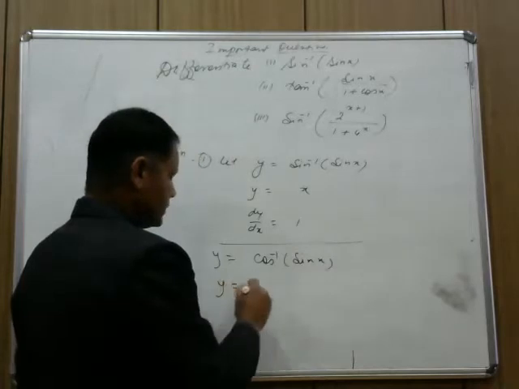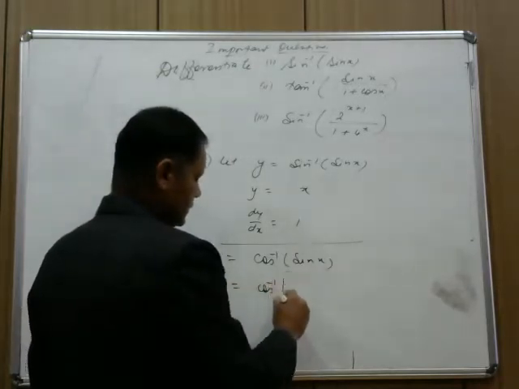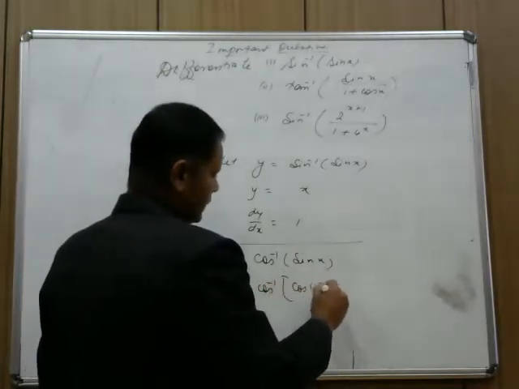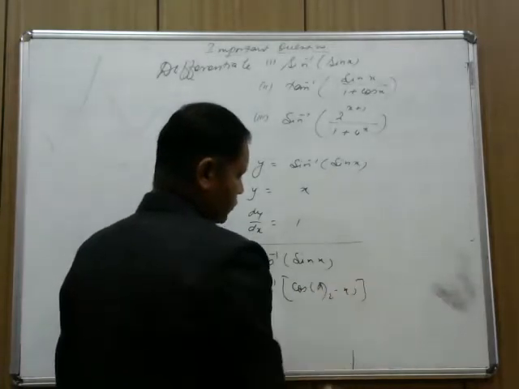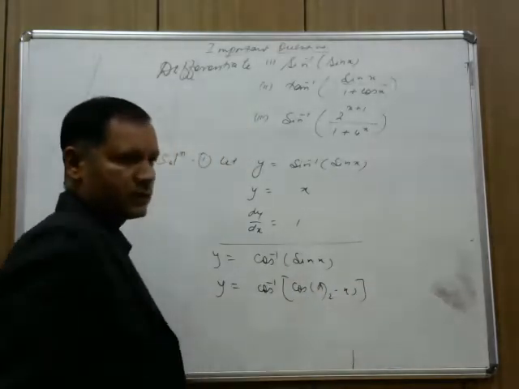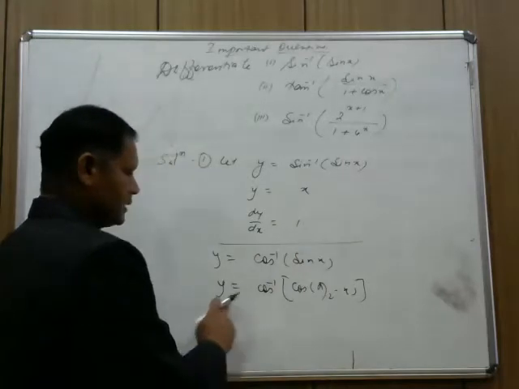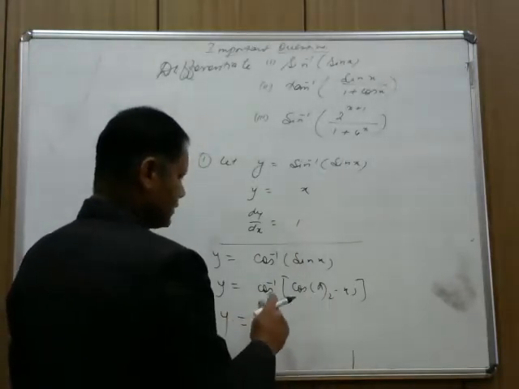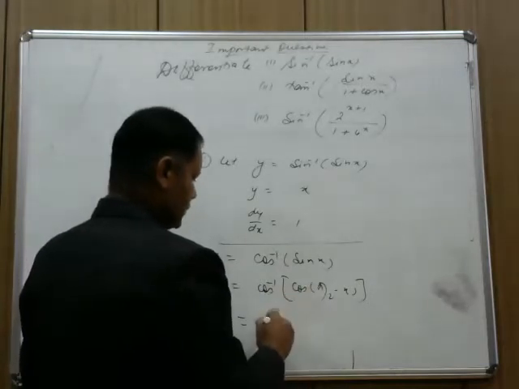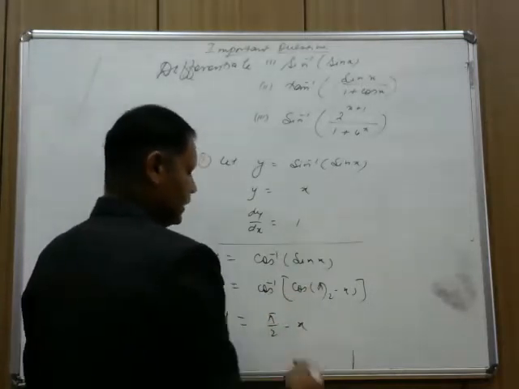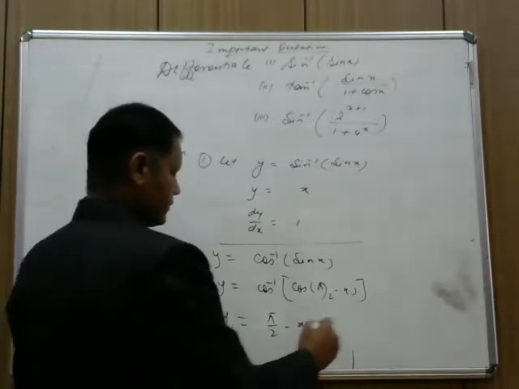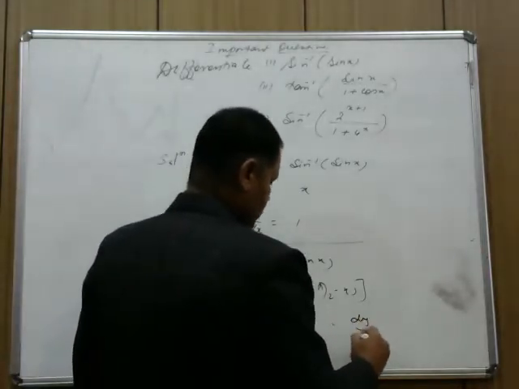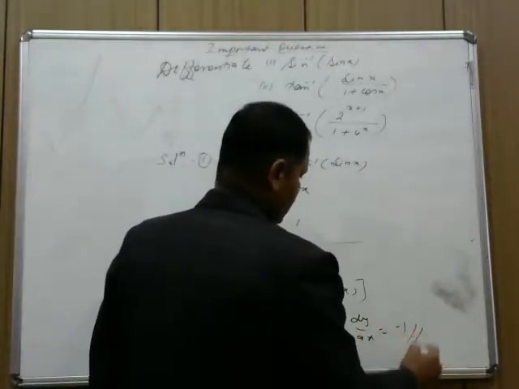Therefore, can I write y is equal to cos inverse cos pi by 2 minus x, because you know that cos pi by 2 minus x is equal to sin x. Therefore y is equal to cos inverse cos pi by 2 minus x, which is equal to pi by 2 minus x. And now we differentiate. After differentiation we will get dy by dx is equal to minus 1.